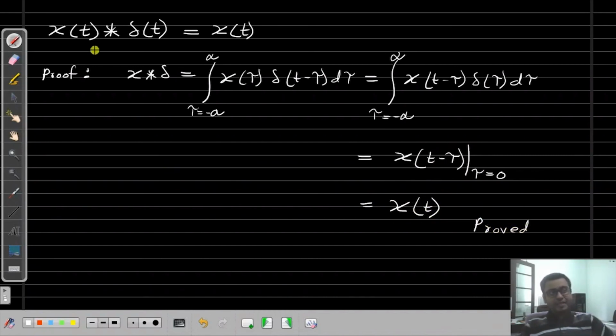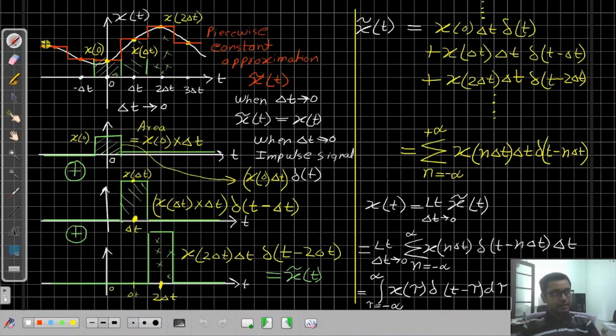However, there is a very nice visualization of this fact. For that, we have to go back a bit. Recall that we said a few days back that any signal can be chopped into narrow slices, and then that can be written as the sum of these individual slices.